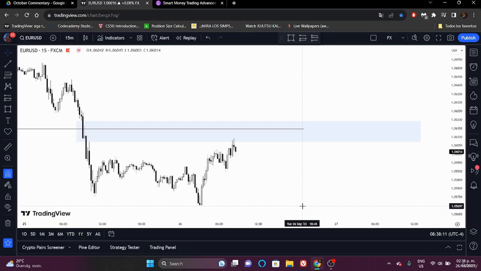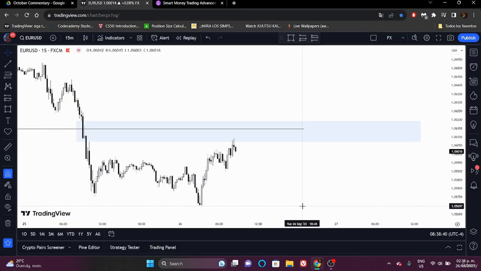Later on we're going to be talking about fair value gaps, which are inefficiencies in the market. We're also going to be learning about BPR, which stands for balanced price range, which is another kind of inefficiency, and also a kind of change in delivery state, a change in the trend, like a market structure shift.